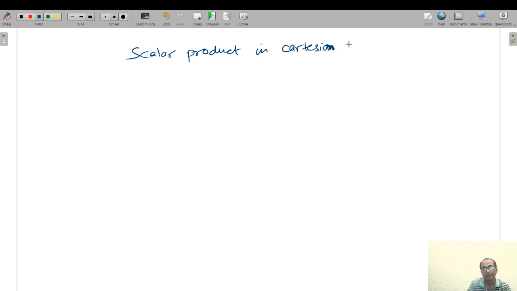In Cartesian form, say vector A is given as AXi plus AYj plus AZk.